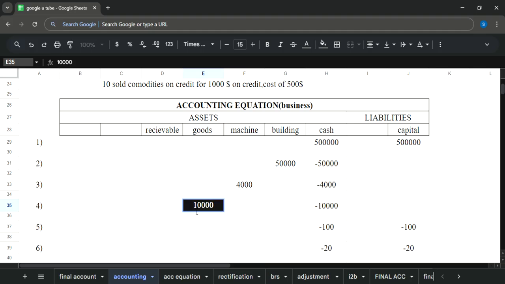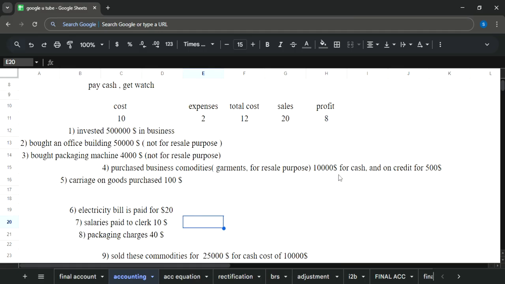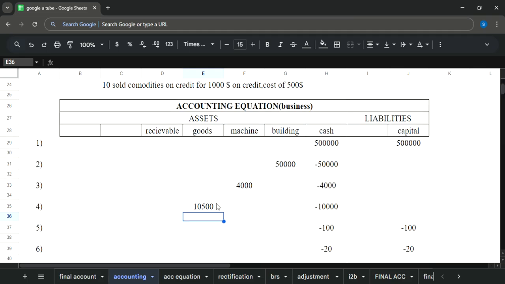Note it down. 10,000 were commodities and 500 was also worth of commodities. So total, how much amount have you paid for commodities? 10,000 and 500. It means goods of worth rupees 10,500 had come. But out of this 10,000 you immediately paid, cash gone. 500 is still payable, which is unfavorable for you, and here you will introduce payables. How much amount is still payable? That is 500. So you will put 500.